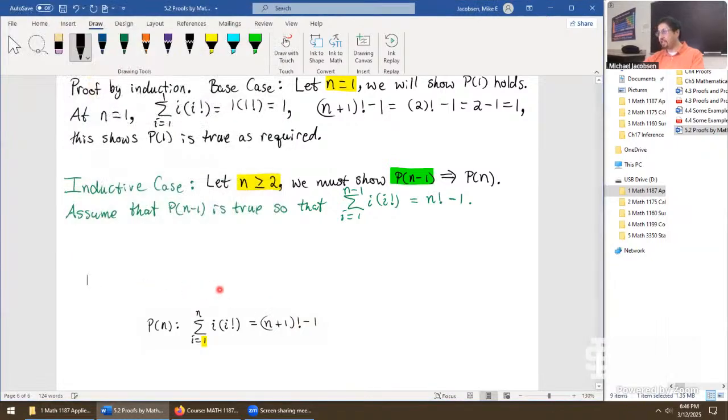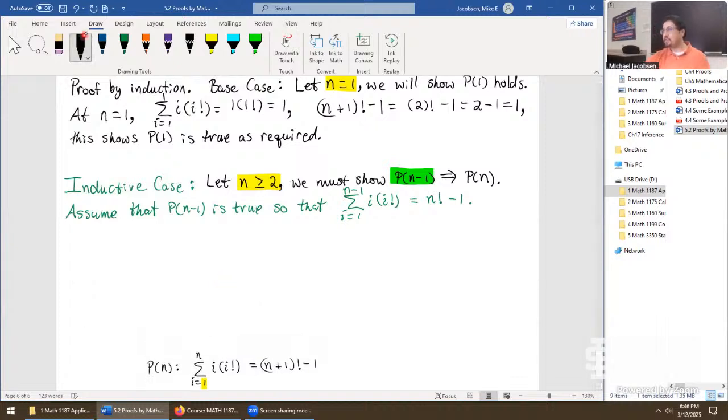Oh, let's not do that. There we go. Just to guide our thoughts, we'll say here, we next prove Pn is true. We prove the truth of Pn just like we did in the base case.